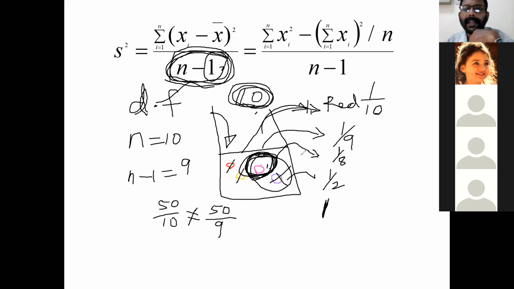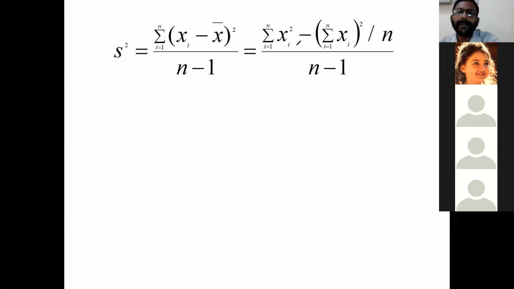For the population, whether you have n or capital N or capital N minus 1 will not make much influence, because that value is very, very large. Further, this sum of squares can be elaborated as such. What do you mean by x square?